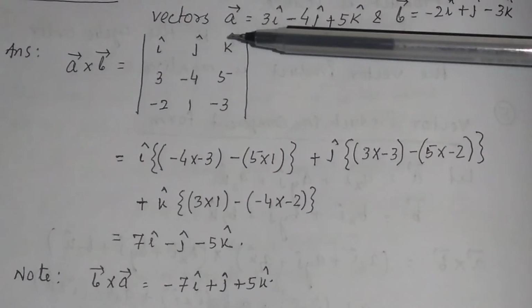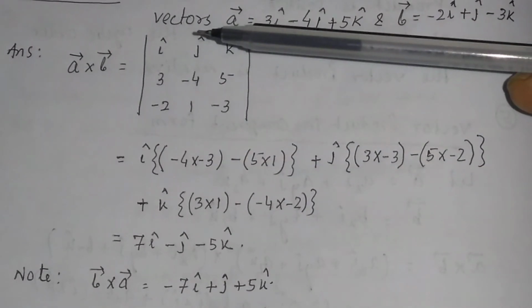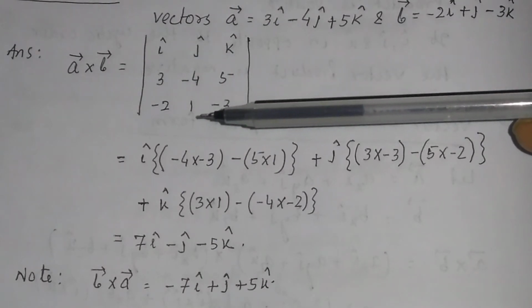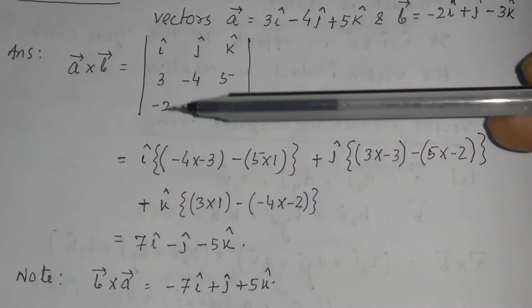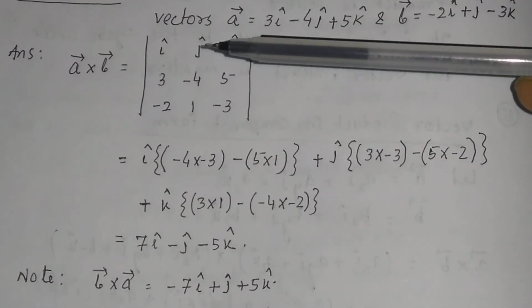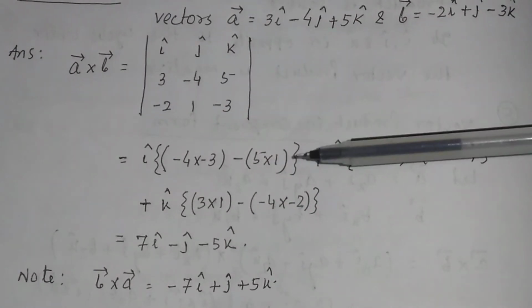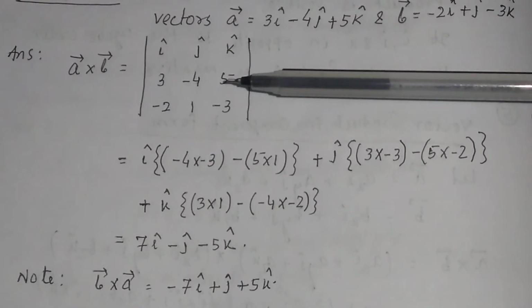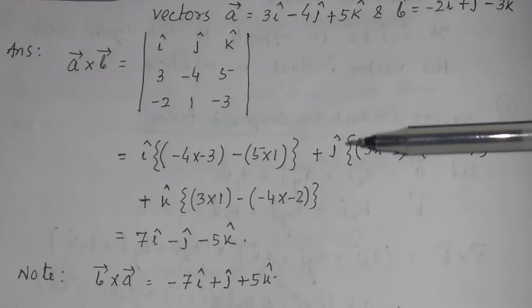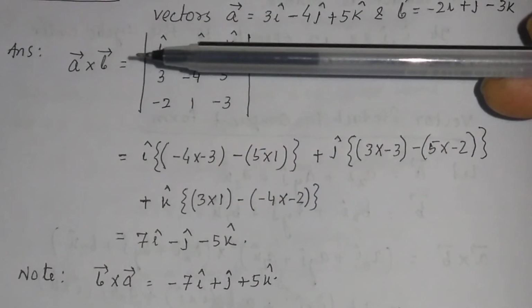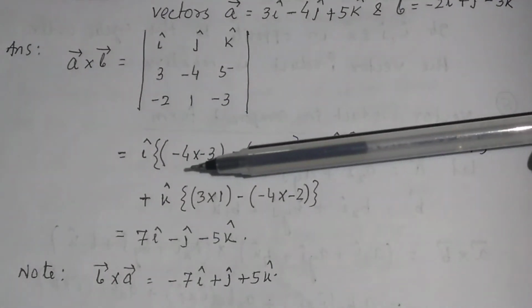And if you take k cap, then you leave this row and this column and take the cross multiplication of 3 into 1 and minus 4 with minus 2, like this. You remember, while you consider the middle column, that is j cap, you first multiply 3 with minus 3, then minus 5 into minus 2. You multiply like this, then you can easily calculate the cross product between two vectors which are in component form.